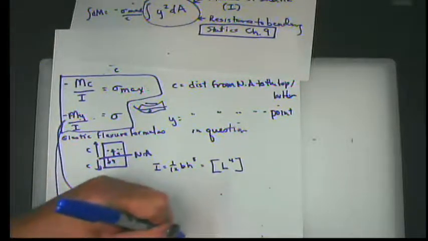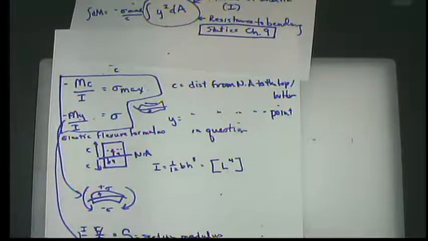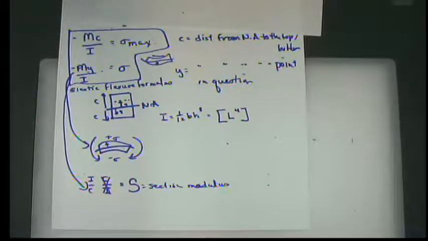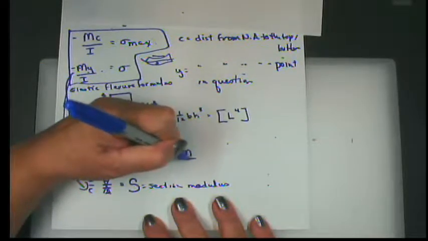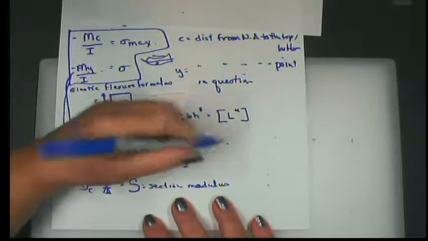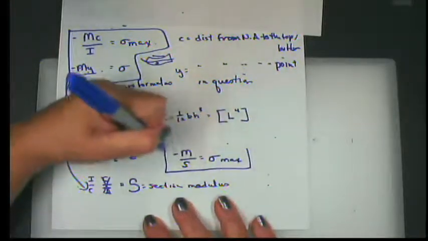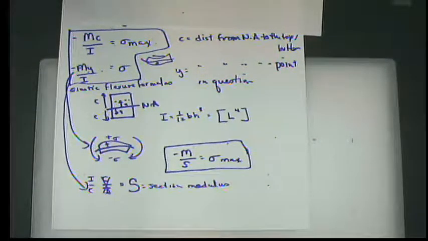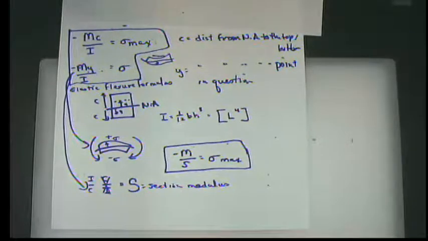So if you're using like rolled tubular goods, sometimes the section modulus will be tabulated. All right, so the equation can be written minus M over S is equal to sigma max. Okay, that's just a direct offshoot of this, just because I over C is equal to S.